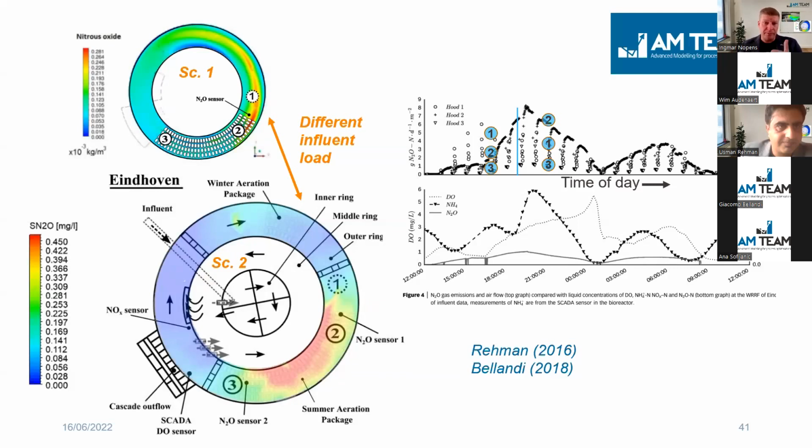And then from the measurements that you see there, you see a certain sequence with respect to the amount of N2O that is produced at different locations. And you also see that that differs throughout the day.